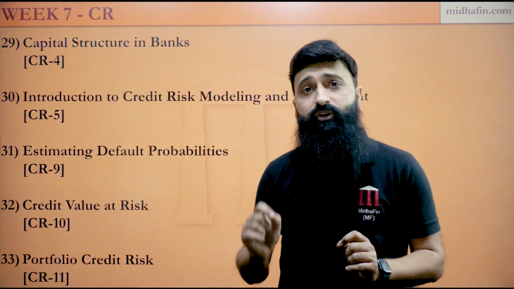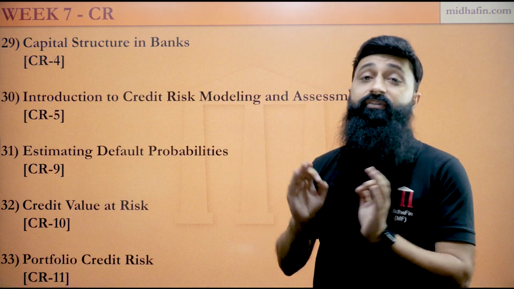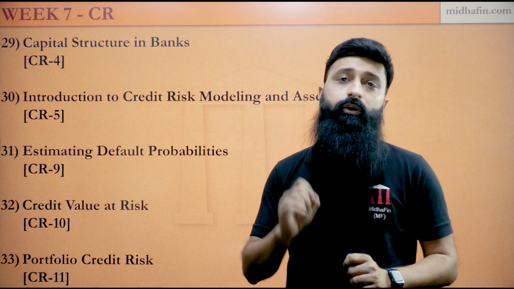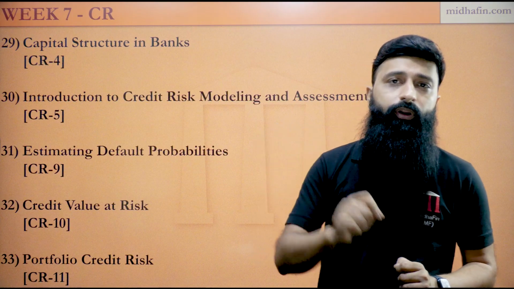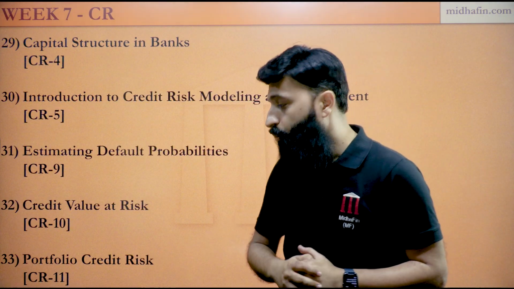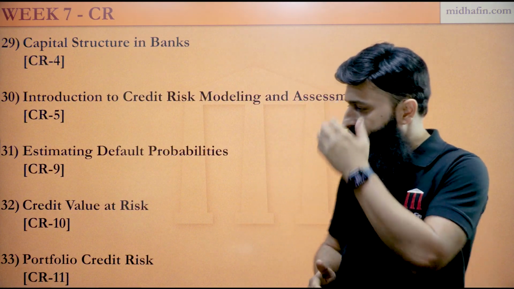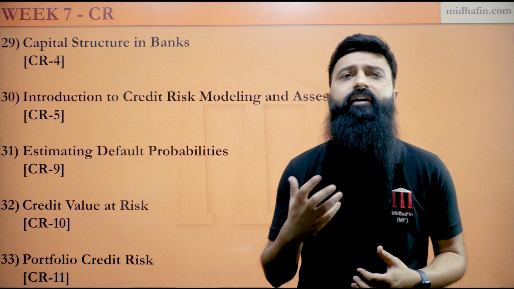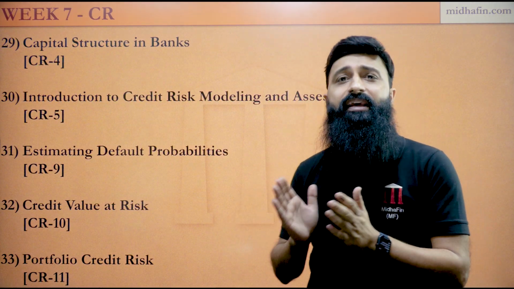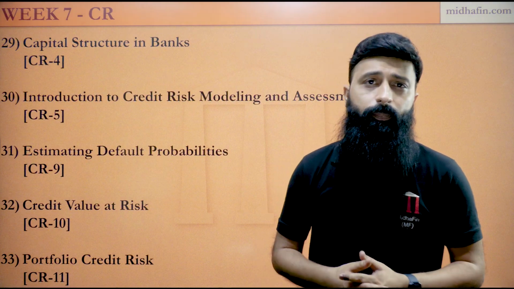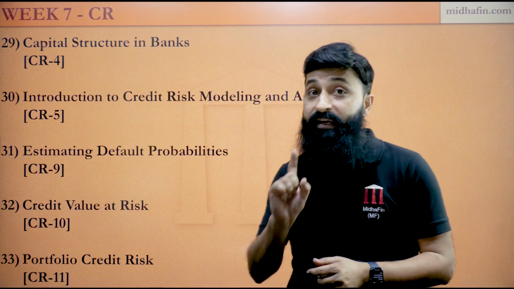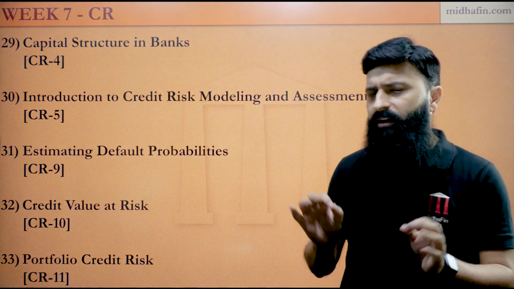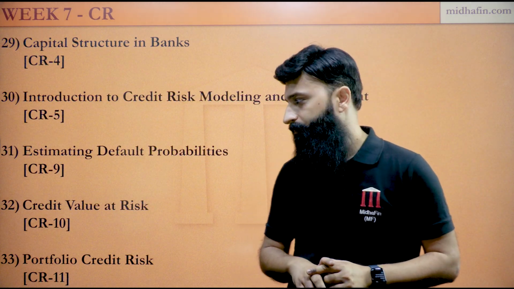It introduces credit VAR as one of the critical measures to assess credit portfolio risk. Then we have portfolio credit risk. It defines and calculates default correlation for credit portfolios, and examines the impact of correlation on credit VAR. It also uses a single factor model for portfolio credit risk measurement. One of the single factor models was also discussed in part 1.